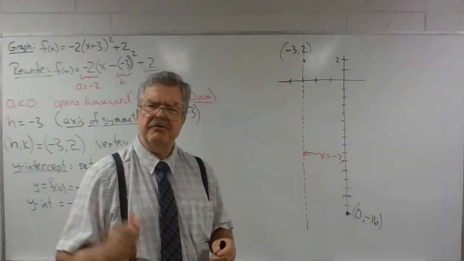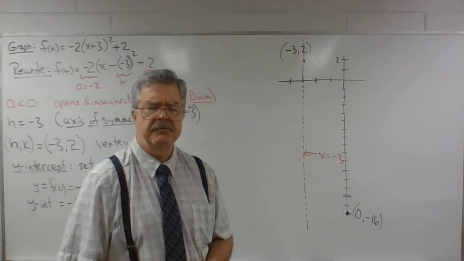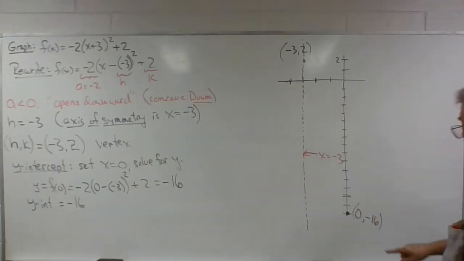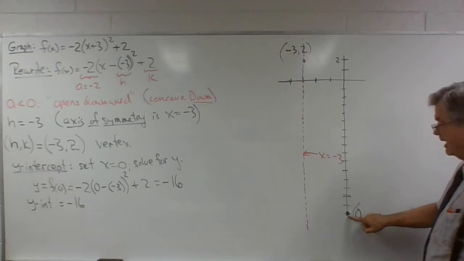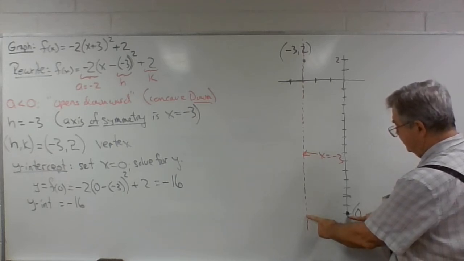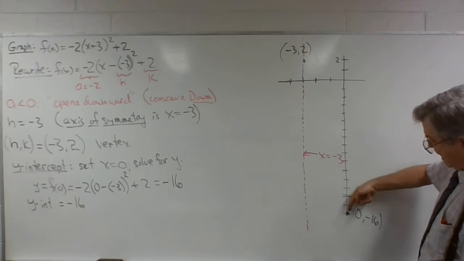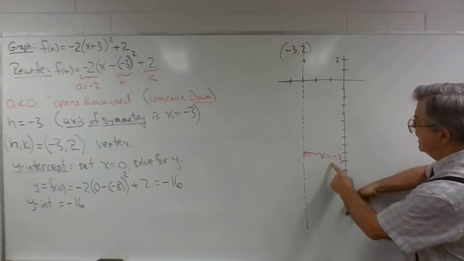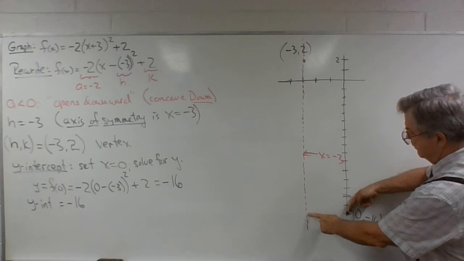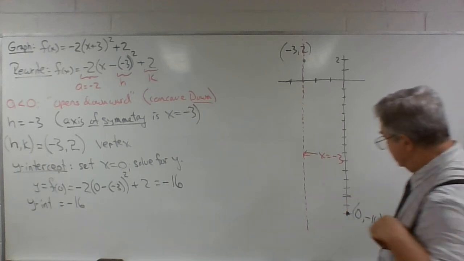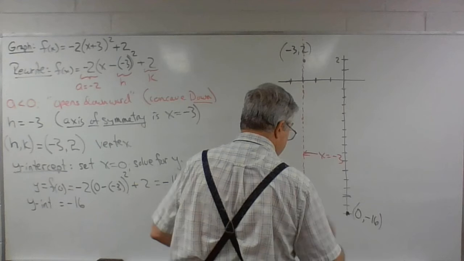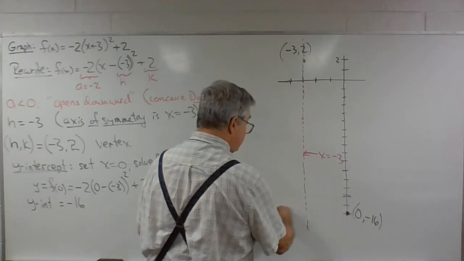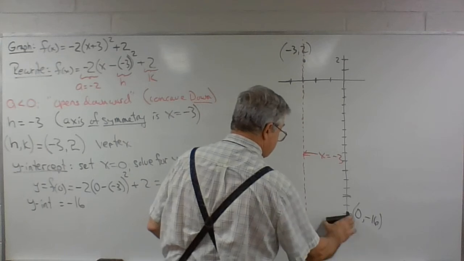And we have symmetry working for us, don't we? How far is this point on the graph from the axis of symmetry? x is 0 at this point, x is negative 3 here. So by symmetry, we ought to find the mirror image of this point 3 units to the other side.